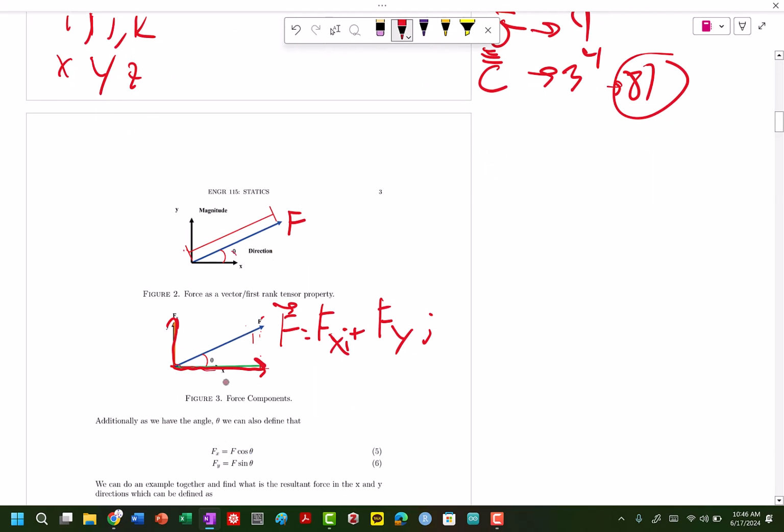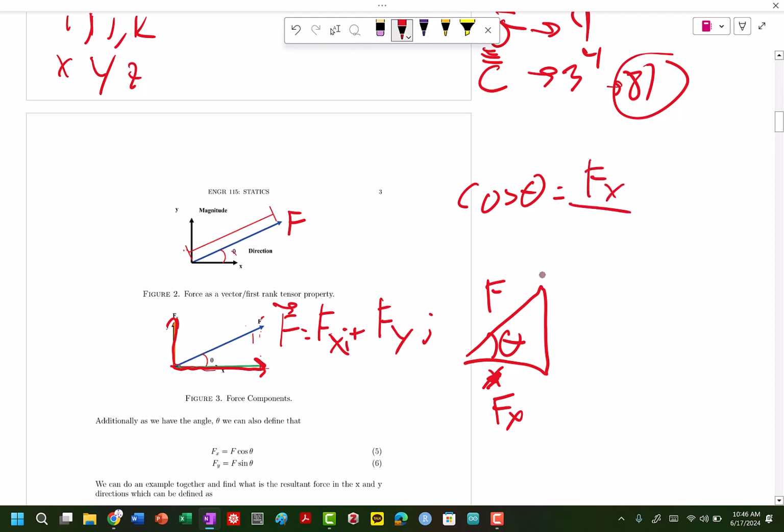Now, if I look at this triangle here, this is my f, this is my angle, and if I want to solve for x, because this is my x component, we can just call it fx here. What will fx be? Well, what's cosine of theta? Cosine of theta equals what? Adjacent, which is fx, over hypotenuse, which is f. So we can write out here, fx equals f cosine theta.